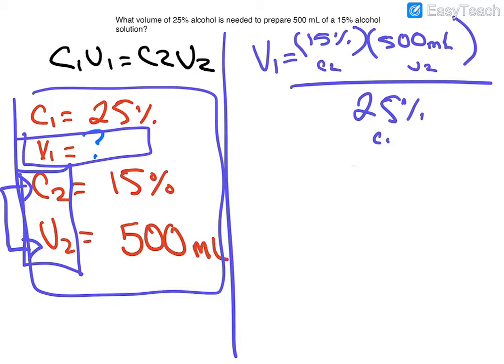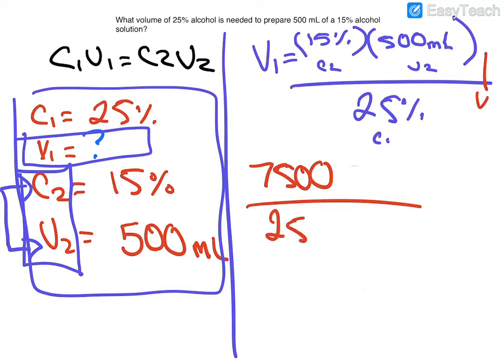So just do 15 times 500, which equals 7,500. Then divide it by your C1, which is 25. So V1 equals 7,500 divided by 25, which equals 300. And because it's a volume and we're working with milliliters, it's 300 milliliters.